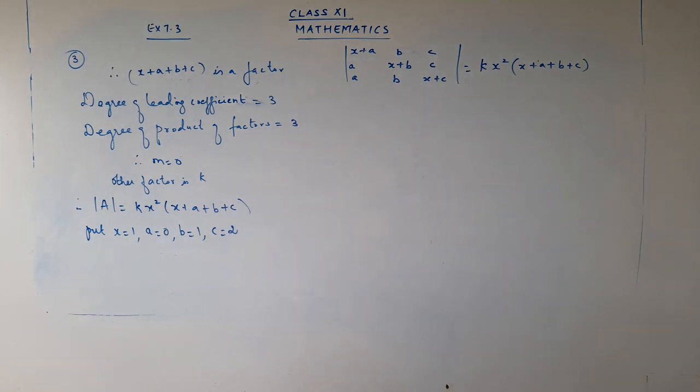This is equal to k x square (x plus a plus b plus c). This is what we have to substitute. So this was the determinant that was given to you in the question, and we have taken the right hand side as k x square (x plus a plus b plus c). We have taken the value for x as 1, a as 0, b as 1, c as 2. So just replace the values, simplify it and get the answer for k.